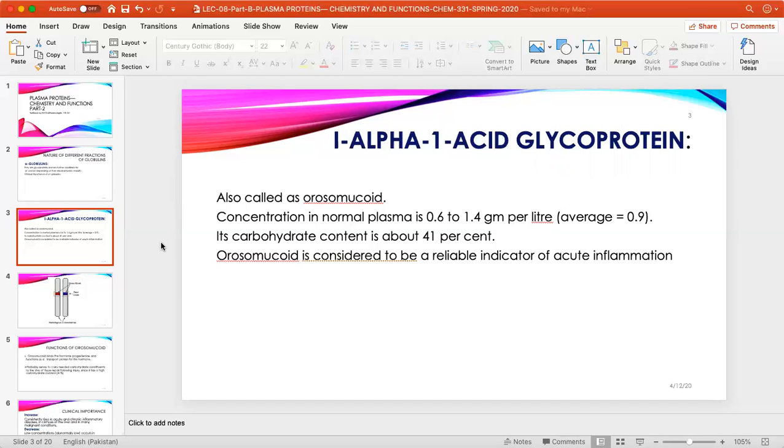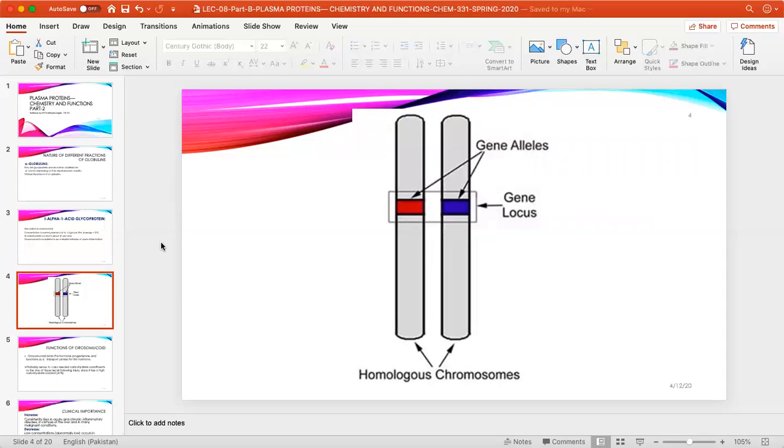Now, what is meant by polymorphic genes? Polymorphic genes are those where one or more than one allele occupies the gene's locus within a population.